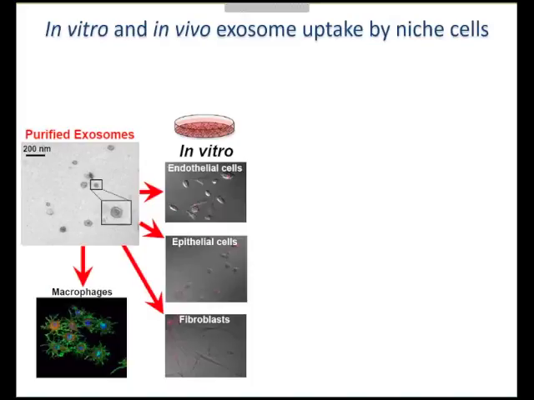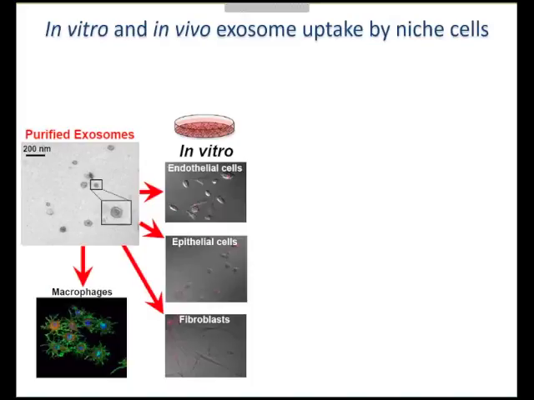And then we incubated these DiI-labeled exosomes with different types of cultured cells to determine their uptake. Those cell types that can take up exosomes at a high efficiency are likely affected by the cargo in exosomes.